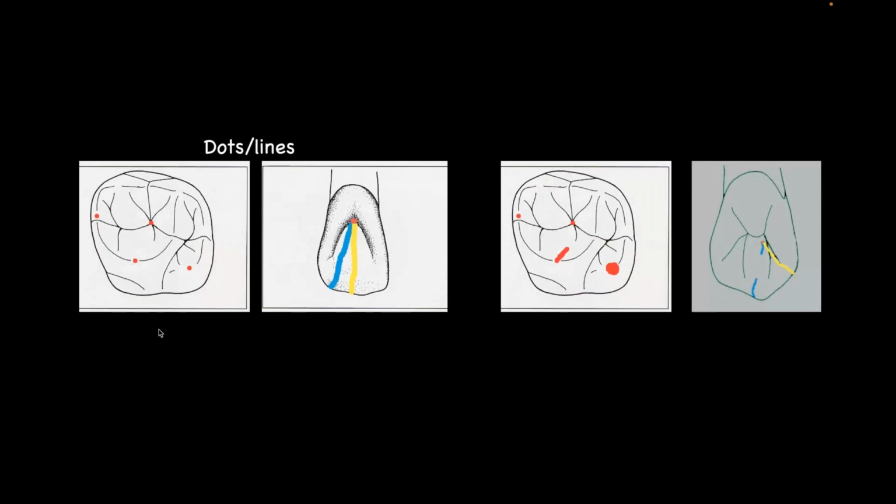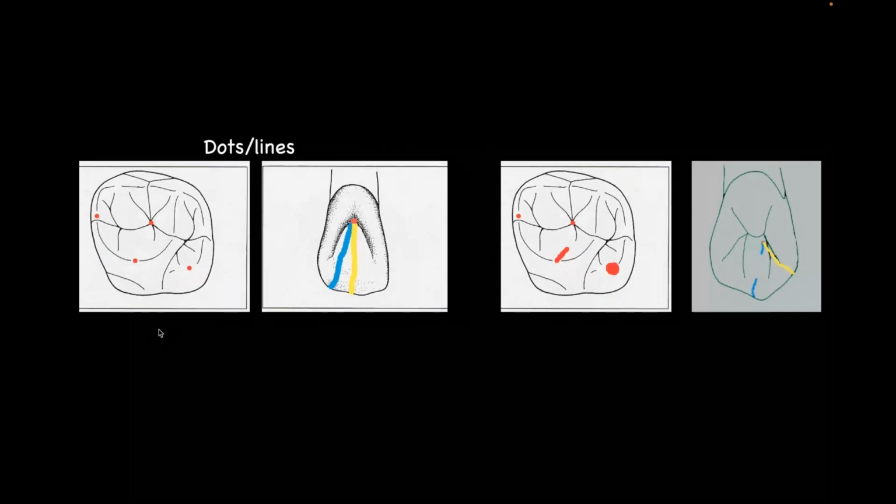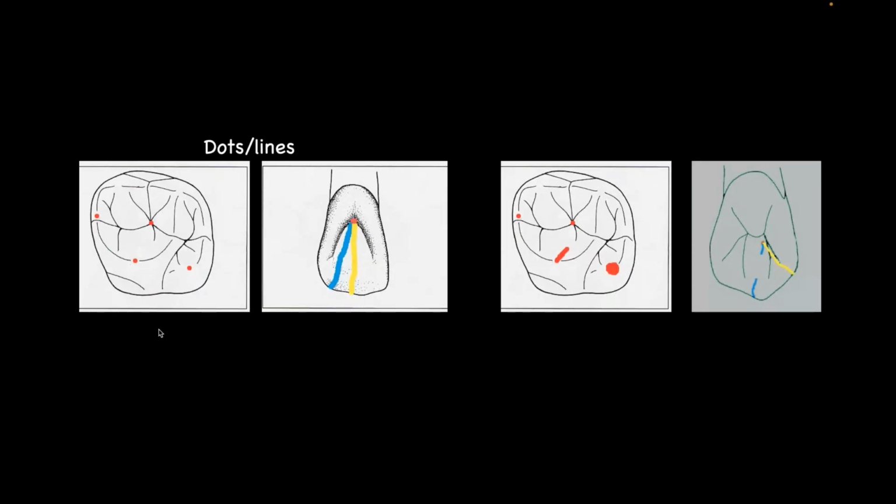And I would argue that this photograph, I think I took it in the Dawson Center in the early 2000s, is still probably one of the most relevant pictures that we should be looking at when we look at occlusal schemes. It's basically called dots and lines. What it really means is when I'm working on posterior teeth, I'm looking for centric stops, or dots.